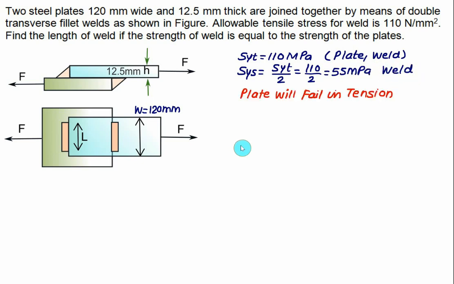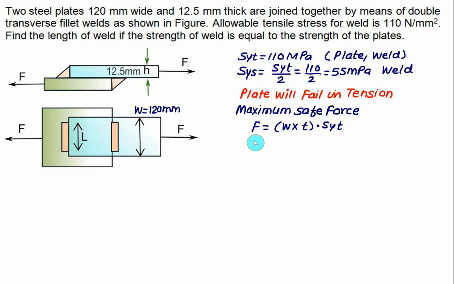This time, since the force is perpendicular to the width, the plate will fail in tension. So the maximum safe force we can apply, if the plate will not fail in tension, will be F equal to the area perpendicular to the force, W multiplied by thickness T, multiplied by SYT.